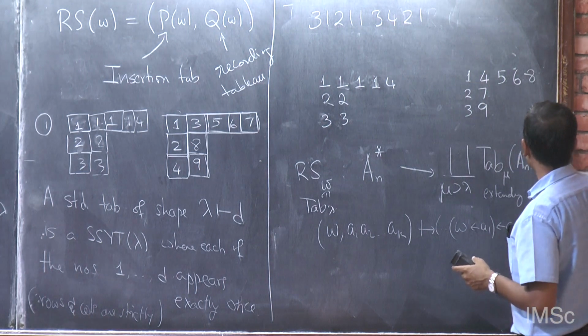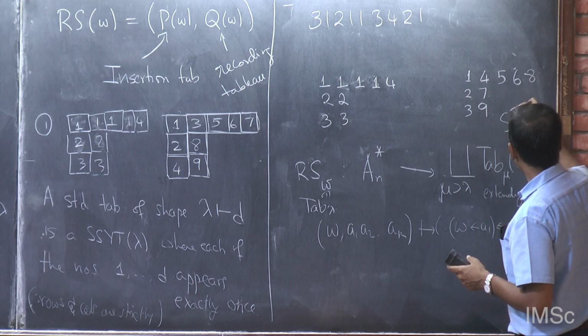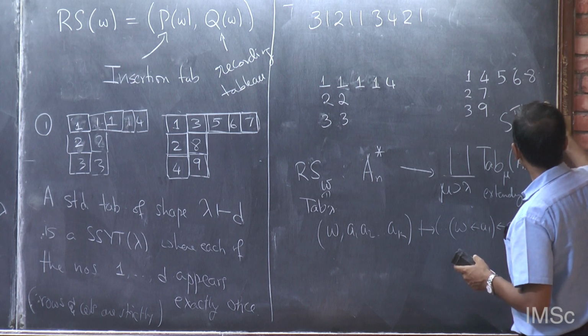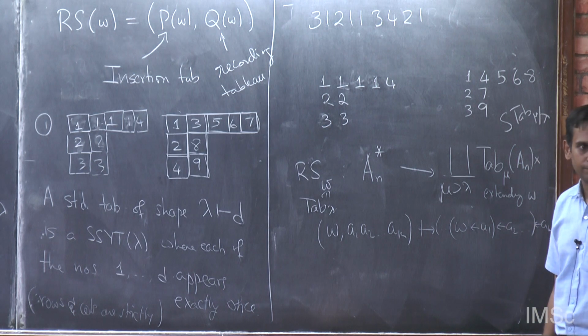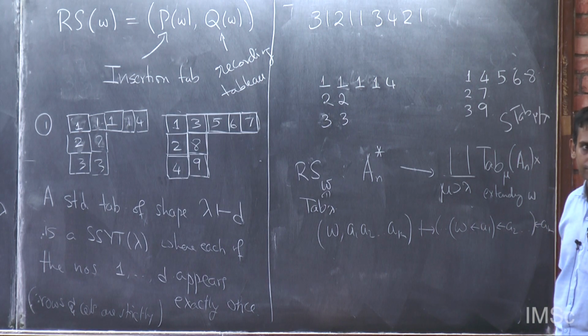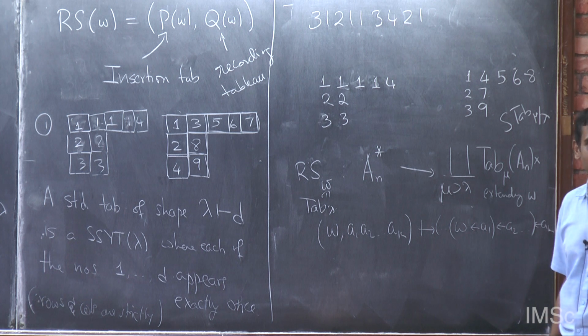So, you will get a standard tableau of shape mu minus lambda. So, what does that mean in terms of symmetric functions?